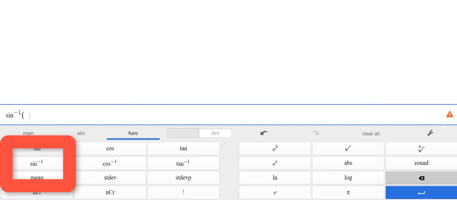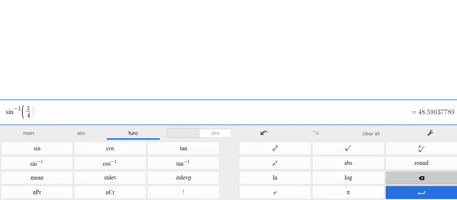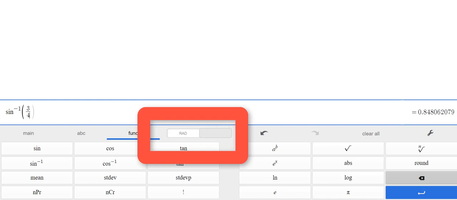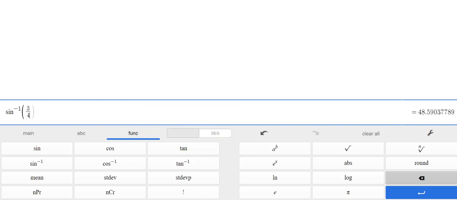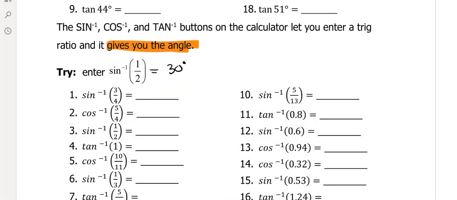So we just type in 3/4, and again, we're in degree mode, and we know that because you can see it's selected right here. If we were in rad mode, or radian mode, we'd get 0.084. No, we want it in degree mode. So we get 48.5903, so let's go ahead and write that in. Let's go 4 decimal places on there, shall we?